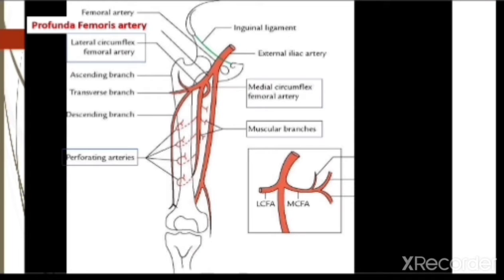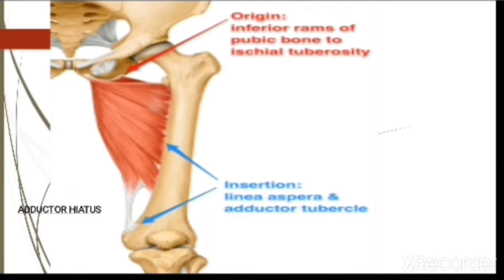So here we can see again the branches of the femoral artery and continuation of the femoral artery in the form of popliteal artery. So from the adductor hiatus, which is lying in the adductor magnus, this is the adductor hiatus over here, and then this femoral artery continues into the back of the knee in the form of popliteal artery.